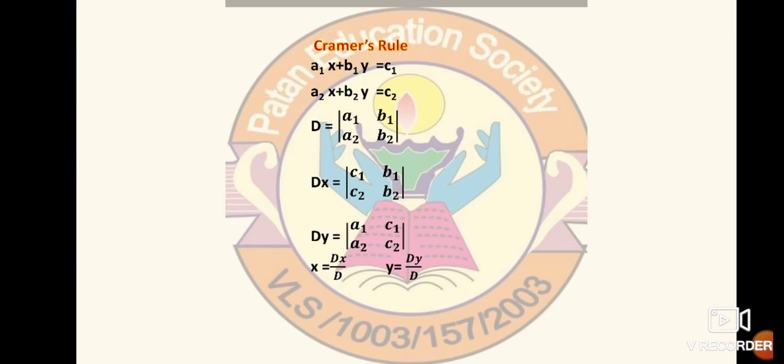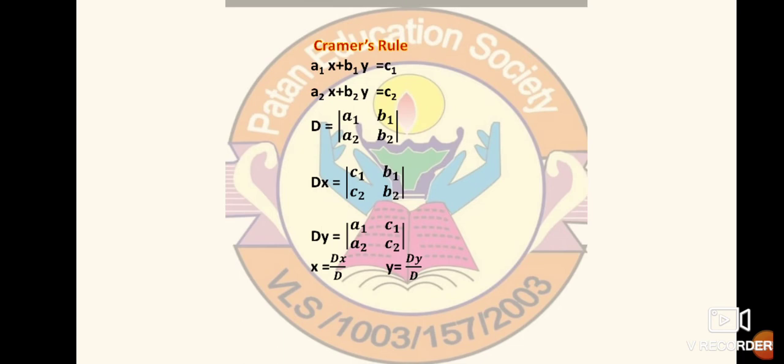Coming down to dx. As you are calculating the value of dx, x is there. So in place of x, you have to write c1 upon c2, that is constant 1 upon constant 2, and then the values of y, that is b1, b2, will remain as they are. Now c1, c2, b1, b2 is the formula of dx. Coming down to dy, y is there.